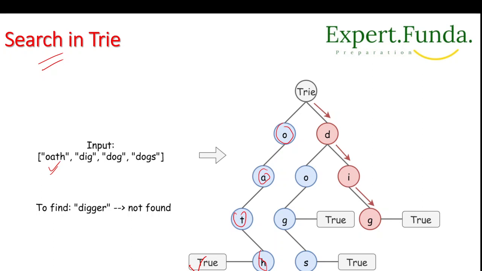If someone is going to find dig, we'll go to D, I, G, and will return true. If anyone is going to find D, O, G, we get this. Otherwise, if we find dogs, we'll also say true, so it will return. But if you're going to find digger, D, I, G we will get, next we don't have here, so it will say false.